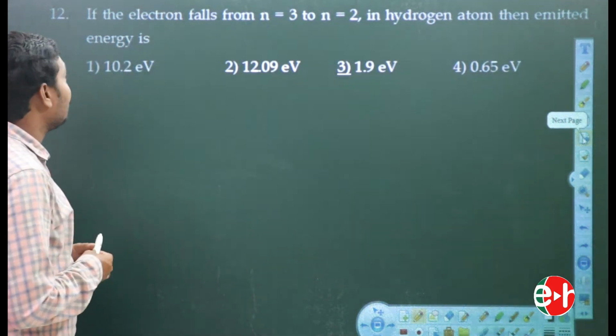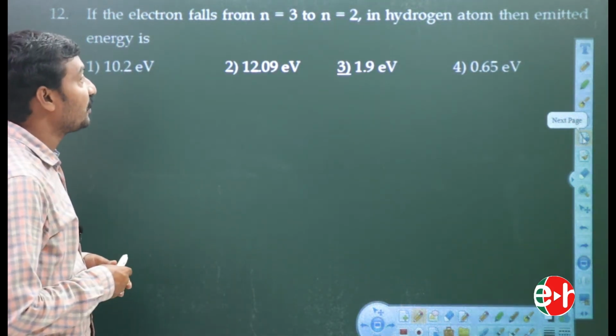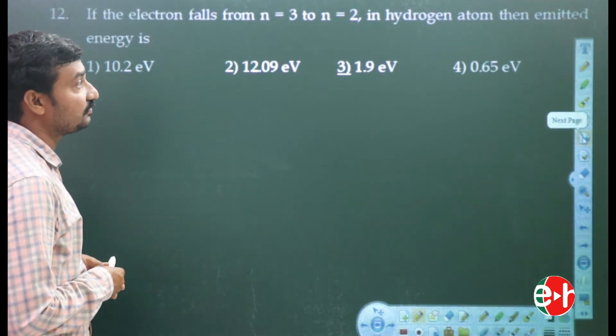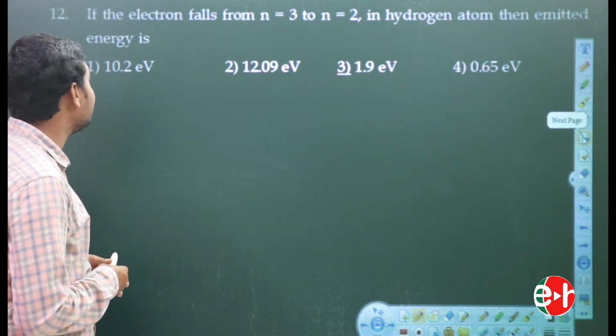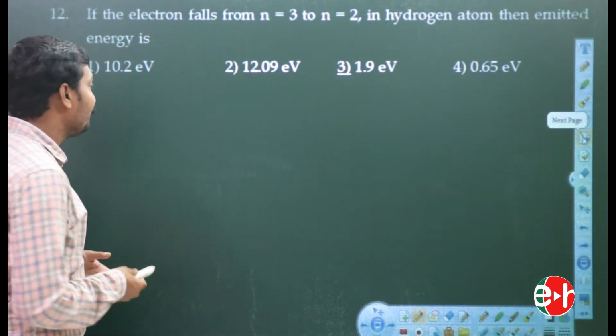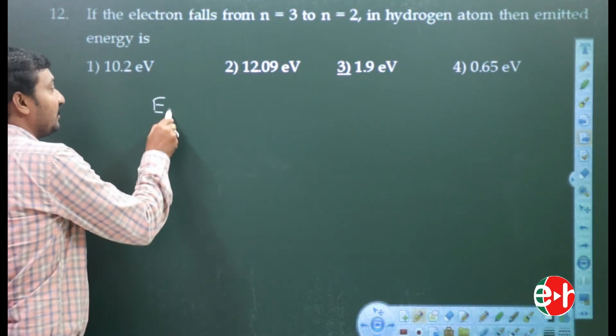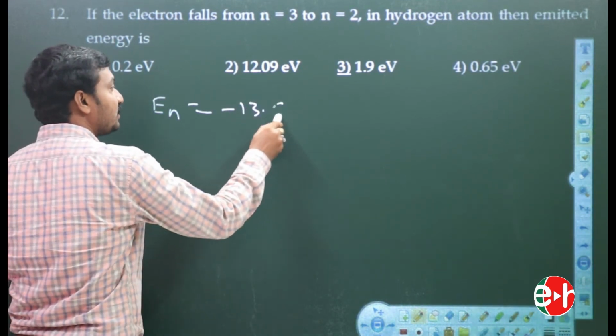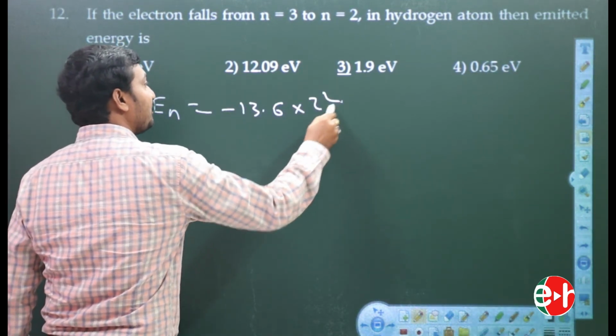See this. If the electron falls from n equal to 3 to n equal to 2 in hydrogen atom, then the emitted energy is? Okay, we know En is equal to minus 13.6 into Z square by n square.